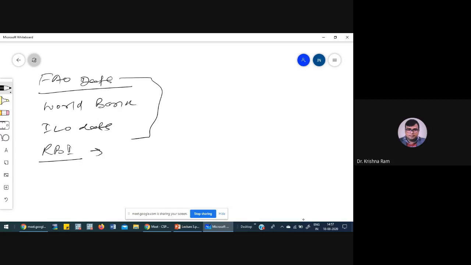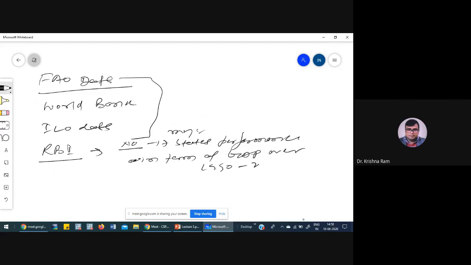RBI also provides a time series data set, at least at a state level. So let's suppose that you are going to study the performance of 17 major states in terms of their GDP over 1990 to 2020.